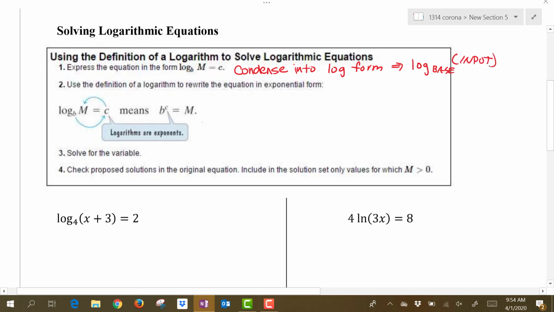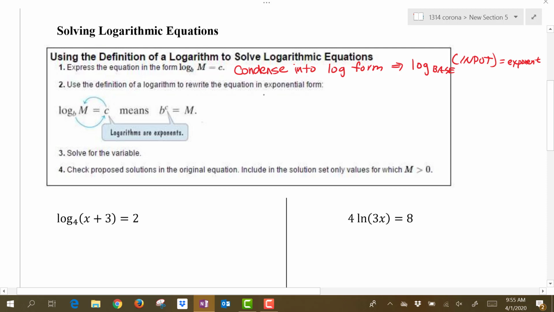So we want to have only these things by themselves on one side. We want only one log, one base, one input, and nothing else in front of the log or behind the log except those things. On the other side, we'll have the exponent. So we want to condense the equation into this log form.